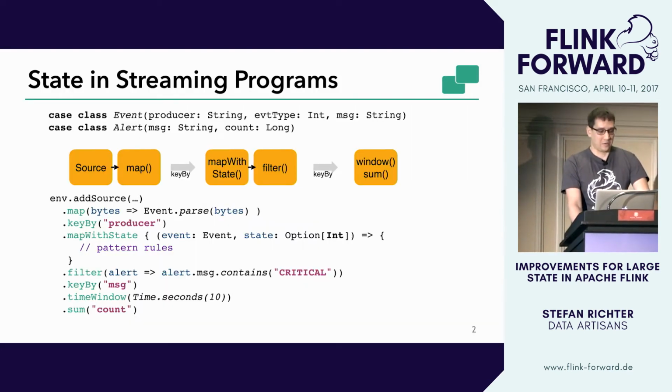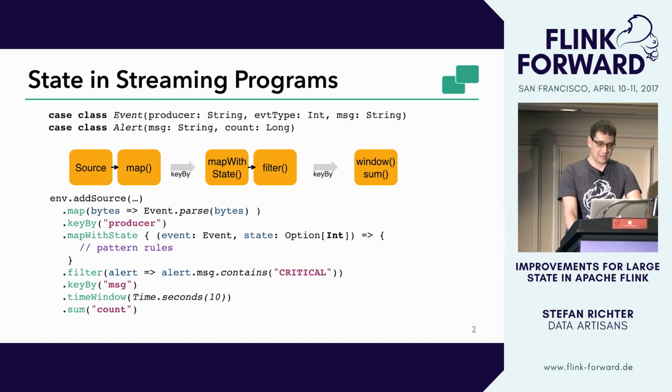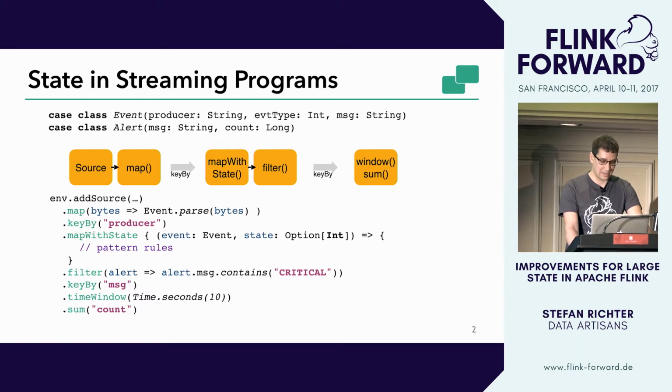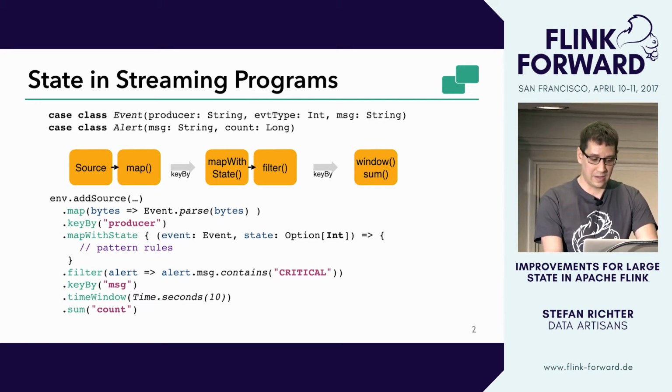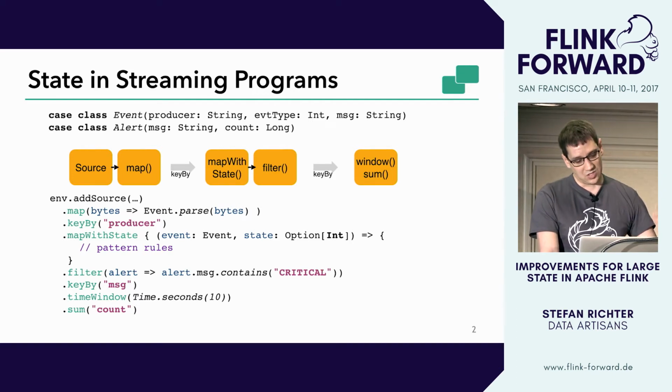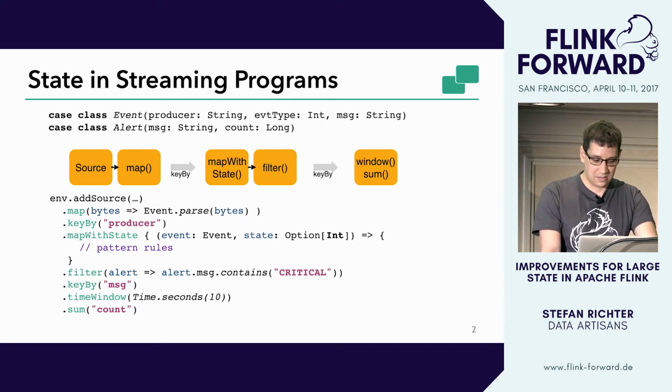First, the question: what is state in streaming programs? I have a small example here of a streaming program that is basically taking events and has a map function with state that runs like a streaming state machine that's generating alerts in some cases.